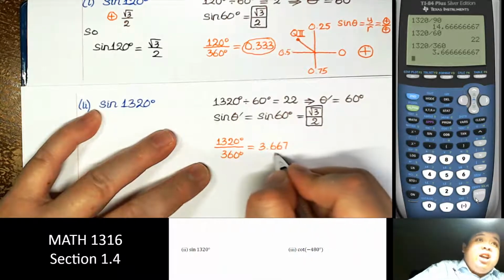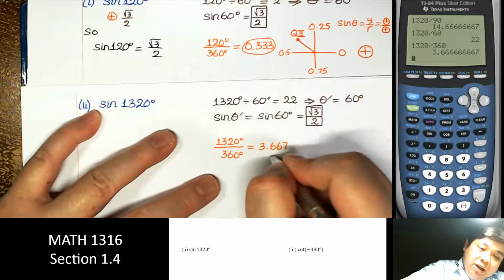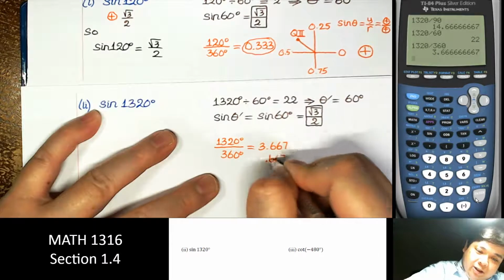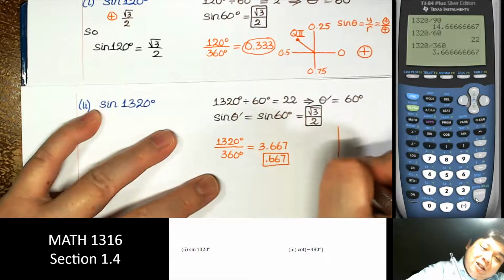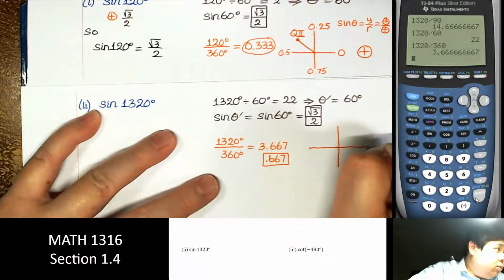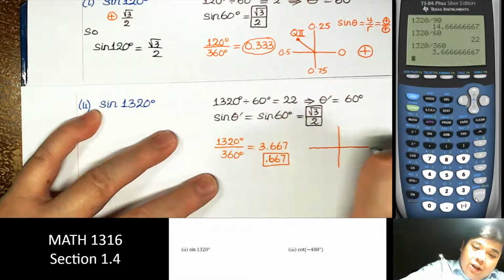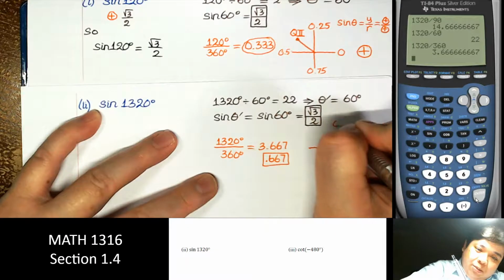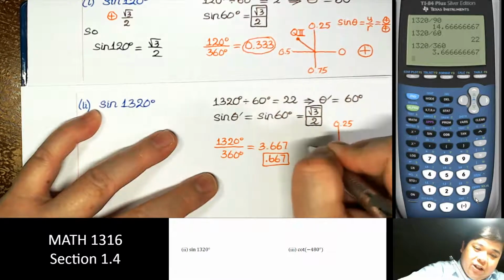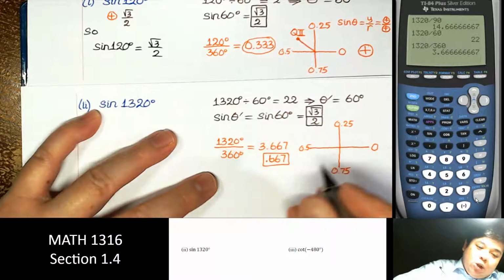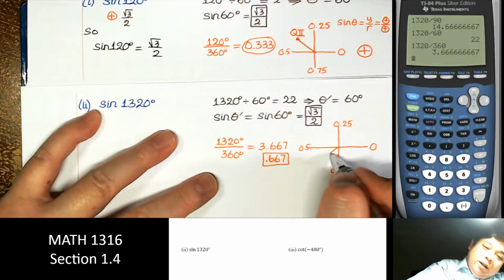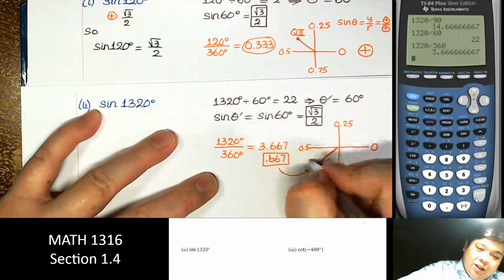Now we only take the decimal part, meaning that we take the decimal part of .667. So again, 0.25 revolution, 0.5, 0.75. So 0.67, of course, it is going to be in here, in quadrant 3.